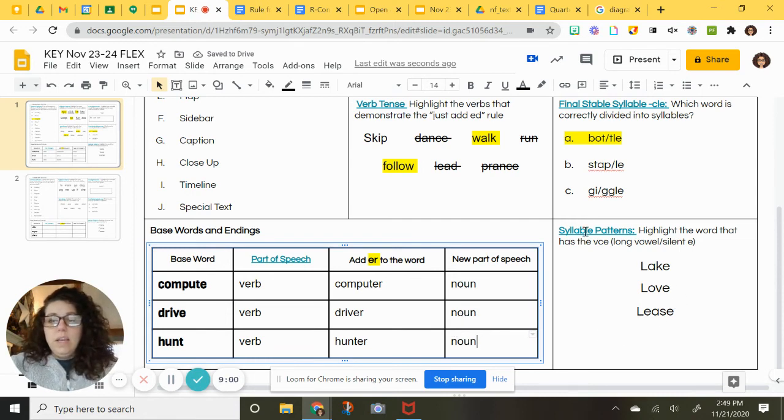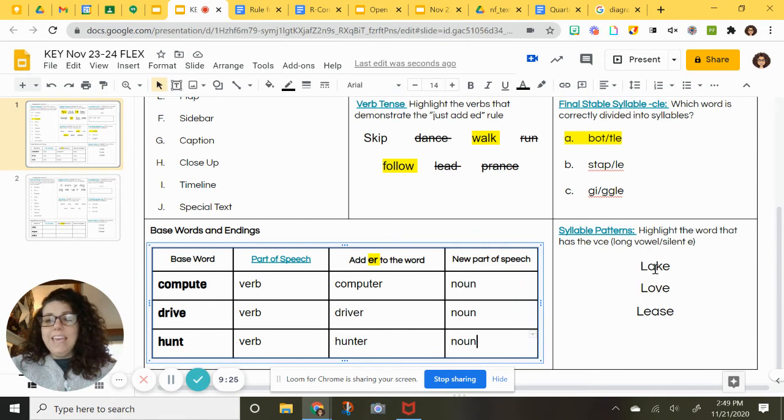Last one. We are going to highlight the word that has the VCE. Okay, that's the long vowel sound with the silent E. And as you can tell, these all end in an E. So I have to go back and look at the vowel sound. I need one letter, one vowel, that says its own name.